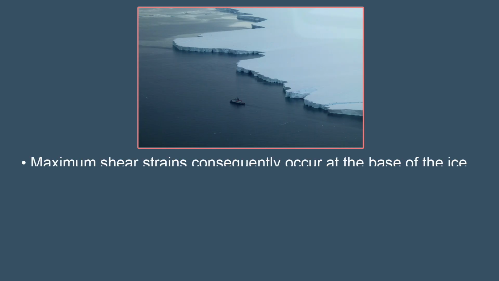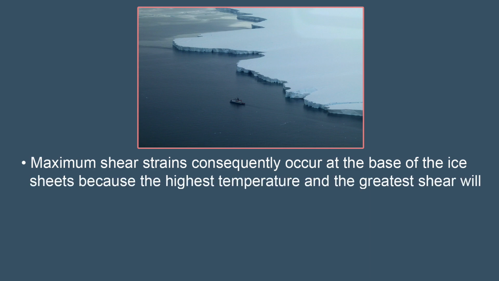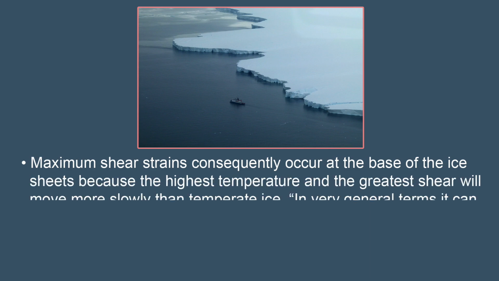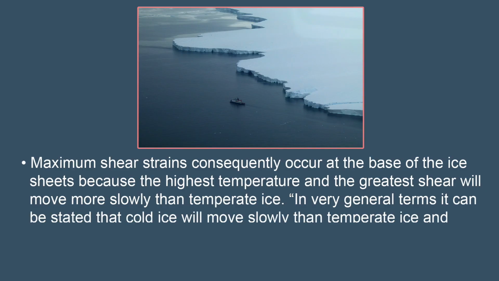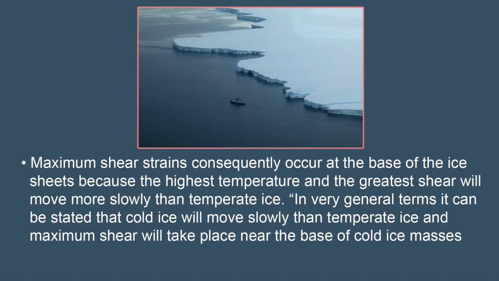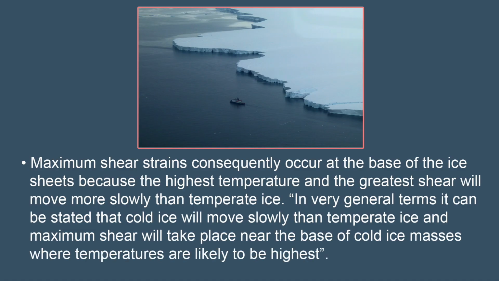Maximum shear strains consequently occur at the base of the ice sheets because the highest temperature and the greatest shear will move more slowly than temperate ice. In very general terms, it can be stated that cold ice will move more slowly than temperate ice, and maximum shear will take place near the base of cold ice masses where temperatures are likely to be highest.